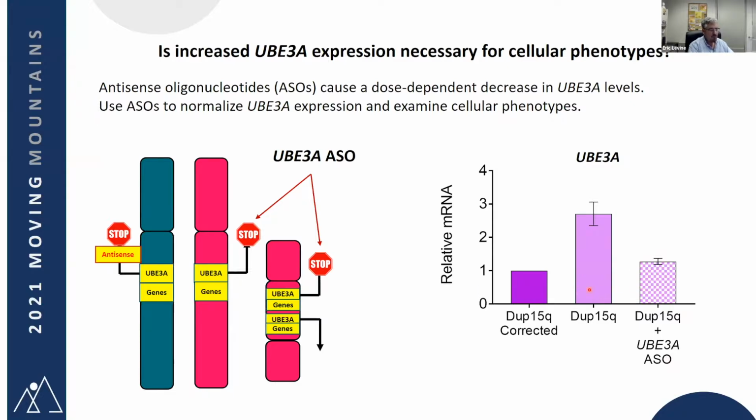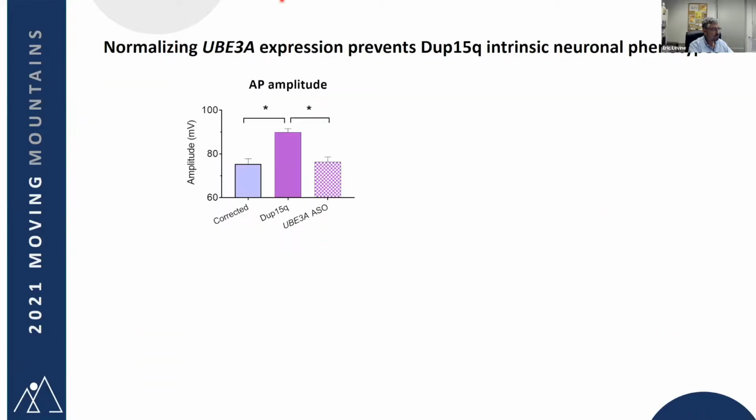And now we're going to use this treatment to see how it affects those cellular phenotypes. So I'm going to start here with the AP amplitude. Here's the data I showed you before. Here's the corrected level. The Dup15q neurons have a higher amplitude. If we prevent the increase in UBE3A expression using the ASO, again, throughout development, and then record the cells, we see that the increase in AP amplitude is non-existent, right? So it never produced that increase in amplitude because UBE3A was not expressed.